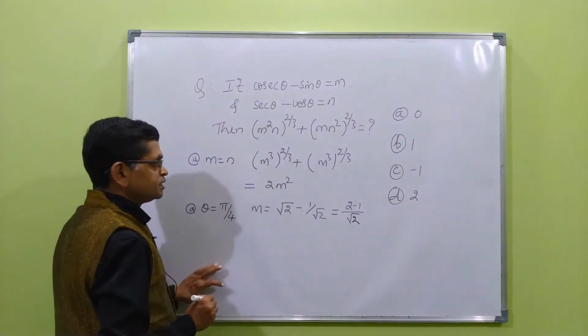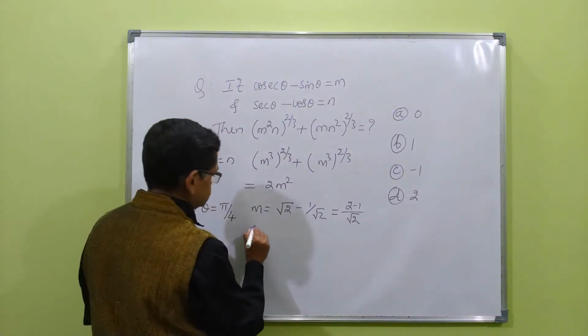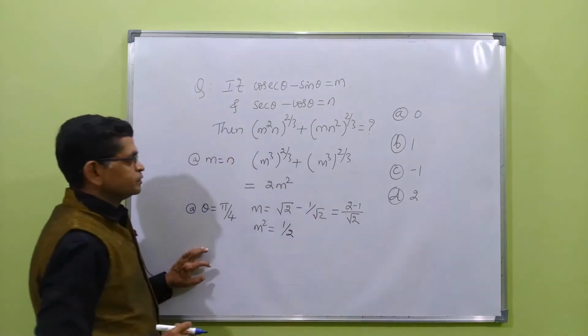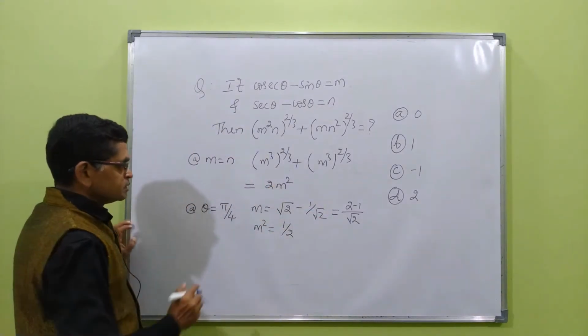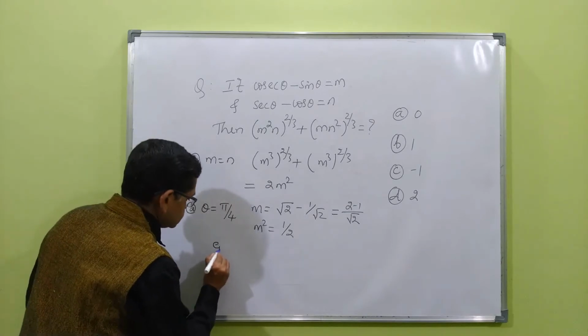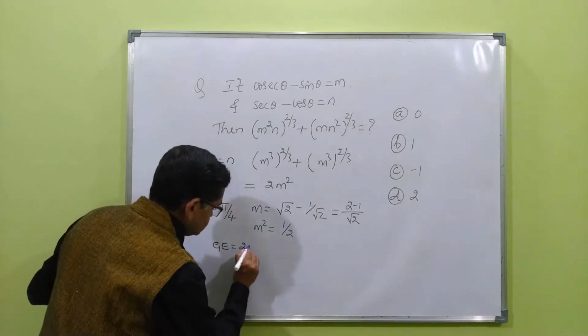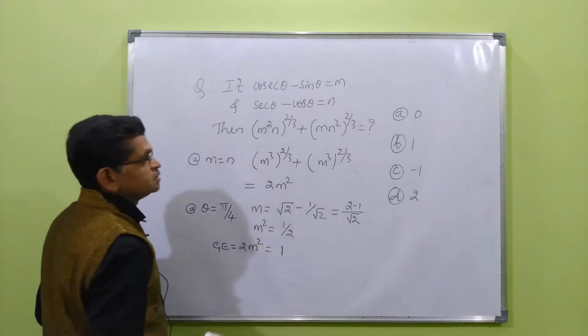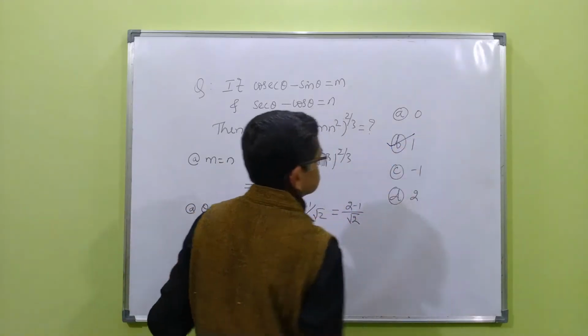So m squared is half. Therefore, m squared is 1 by 2. So 2m squared, therefore, the given expression is equal to 2 times half, which means 1 it is. So B is the correct answer.